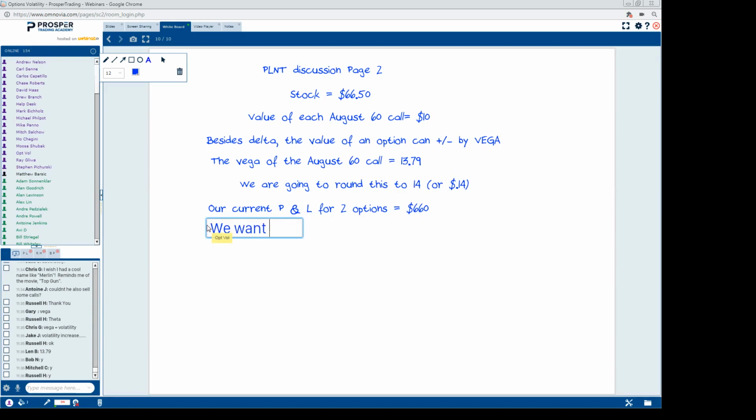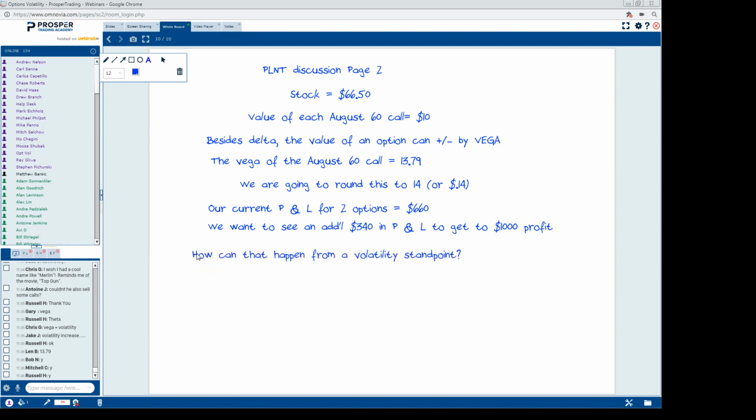We want to see an additional $340 in P&L to get to $1,000 profit. How can that happen using Vega? How can that happen from a volatility standpoint? What would have to happen? What's the math?